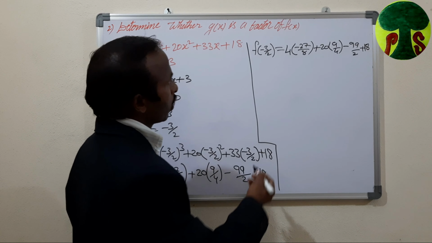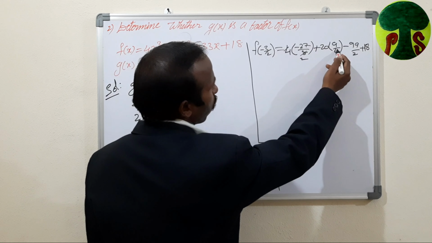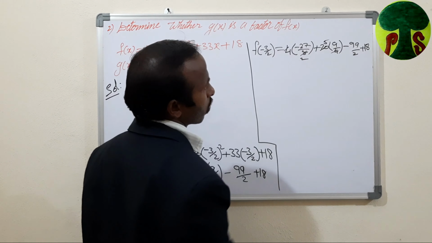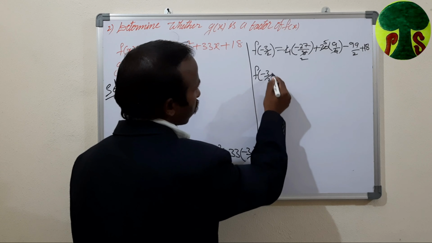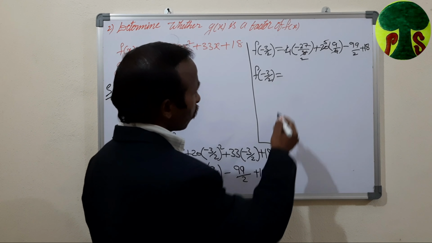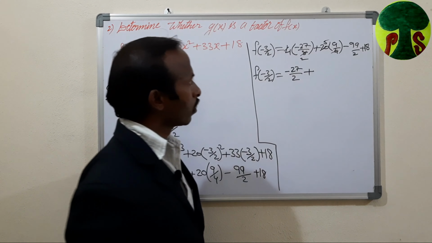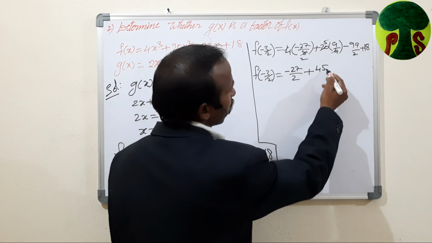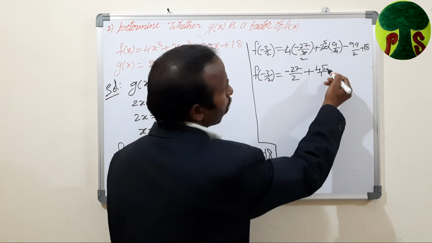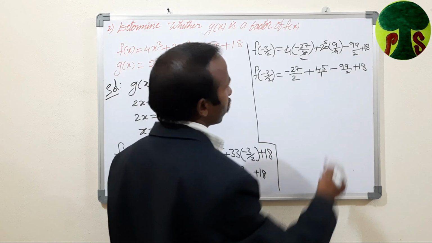Now see here, 4 ones, 4 twos we can cancel. 4 ones, 4 fives we can cancel. The rest is f of minus 3 by 2 equal to minus 27 by 2 plus 9 fives are 45 by 1 minus 99 by 2 plus 18.